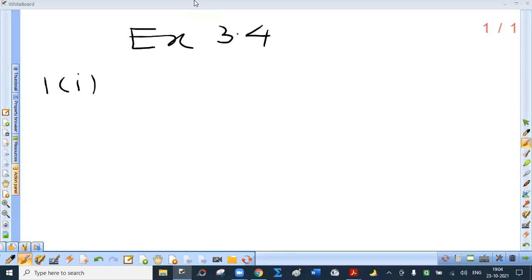There are 5 distinct letters in the word Divya. Therefore, number of permutations equal to 5P5 equal to 5 factorial equal to 120.